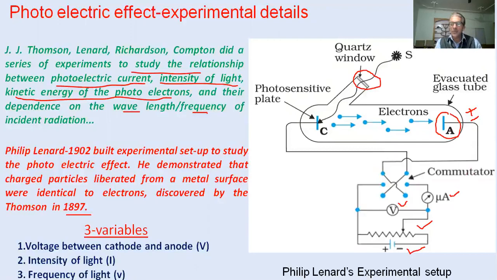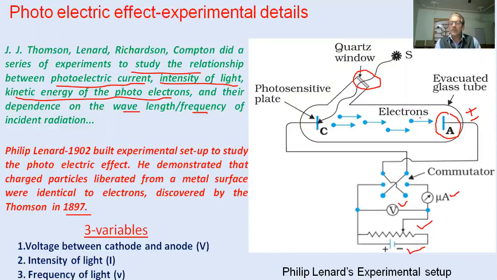Now, when we put the anode at positive potential, the electrons coming from the cathode would be attracted towards the anode, and they would slowly move. When the electrons move from cathode to anode, the gap, which was completely empty earlier, is bridged, the circuit is complete, and current flows in the circuit.